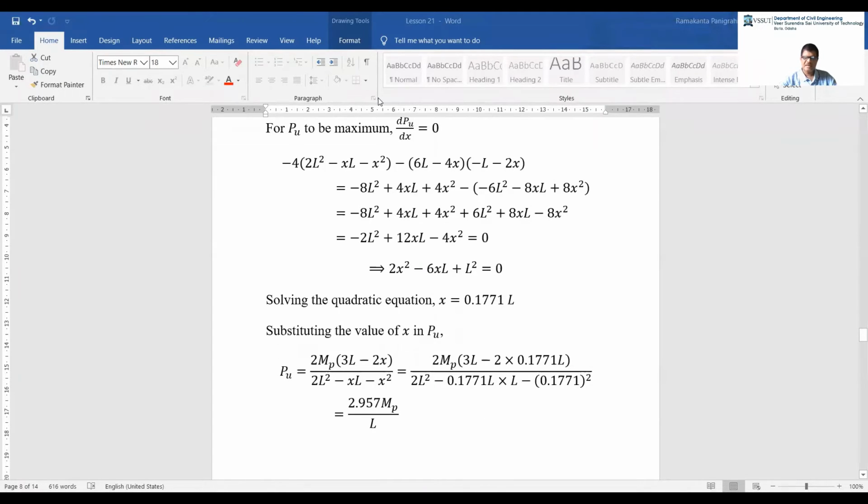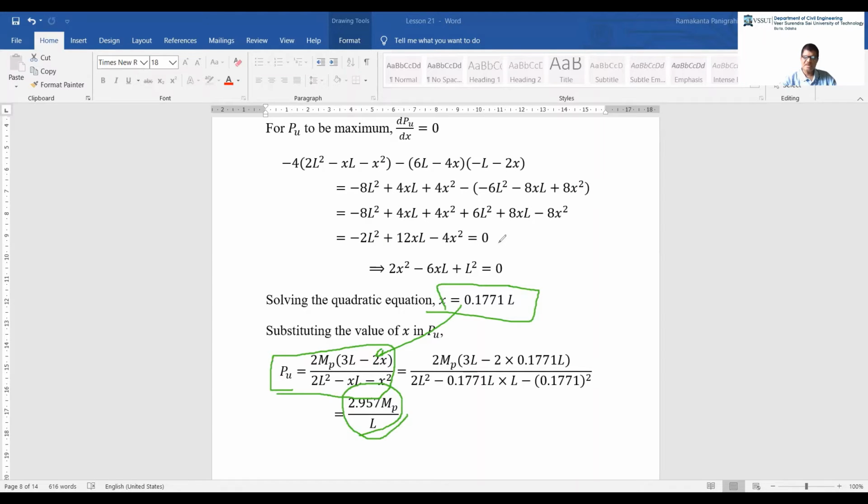Right? x is equal to 0.171L. Now you have to put this value in the equation of Pu. Pu was this. So put the value of x here, and now it comes to be 2.957 Mp by L. So now calculate the three values.